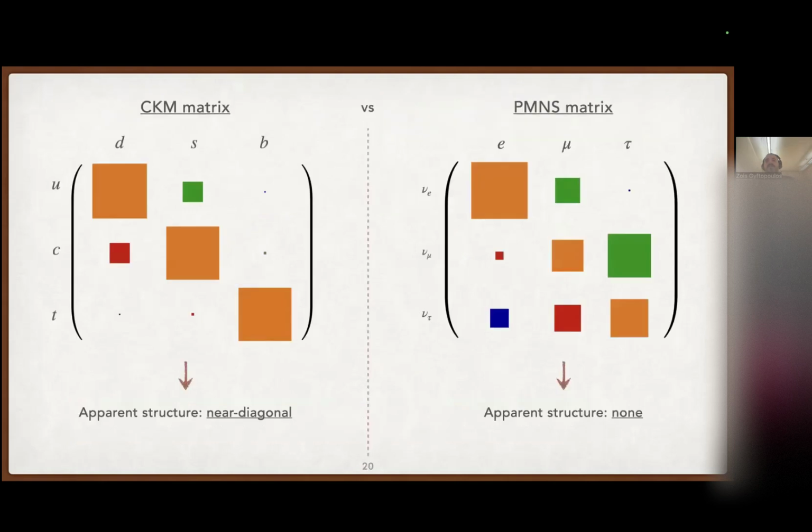But here, the experimental data will come and haunt you, because actually the PMNS matrix is very far from being diagonal. And so we have to be a little bit more careful here and somehow ensure that the PMNS matrix does not converge to this configuration.